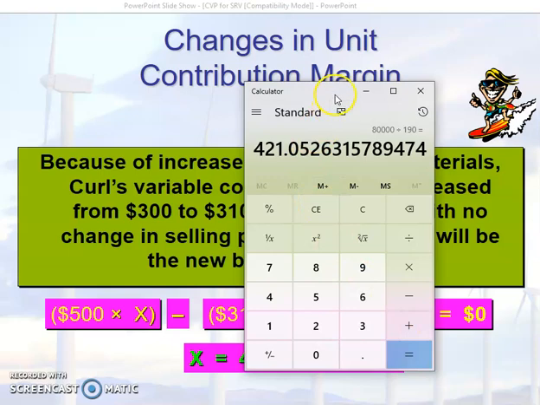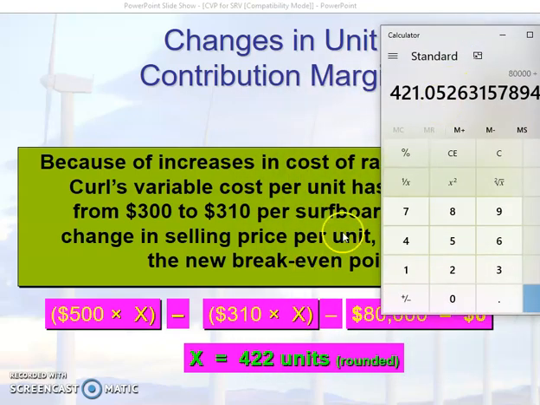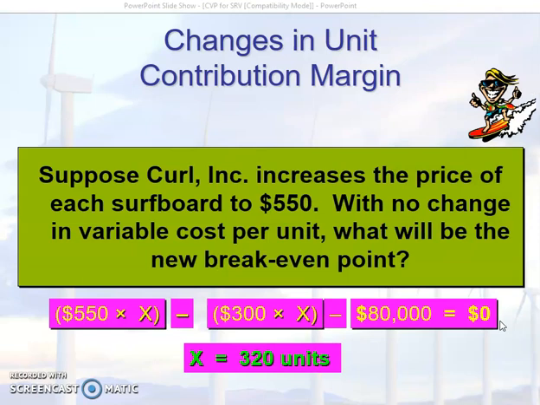Okay, very good. I just couldn't see the number. We have a break-even point of 421.052, which technically does round up to 422 units. At 422 units, we're making a very, very small profit. Okay, sorry about that technical glitch.